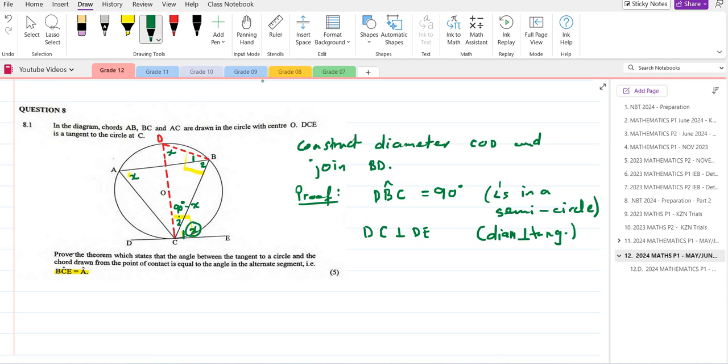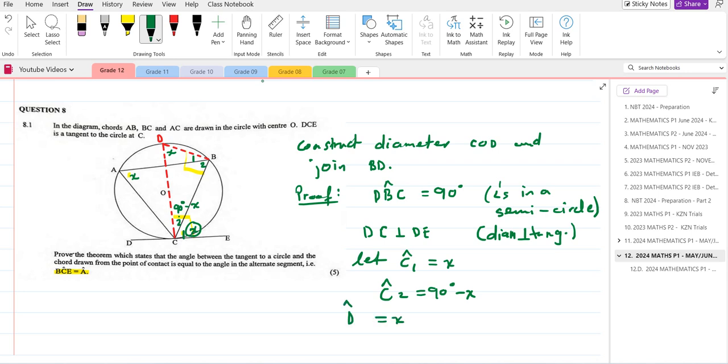Then let angle C1 be equal to x. So what's angle C2? 90 minus x. What's angle D? x, because sum of angles of triangle.